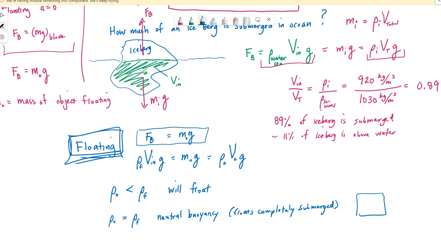So if we had our container that has water, the block would just float completely submerged in here. It wouldn't have any portion completely out of the water, nor would it completely sink to the bottom.